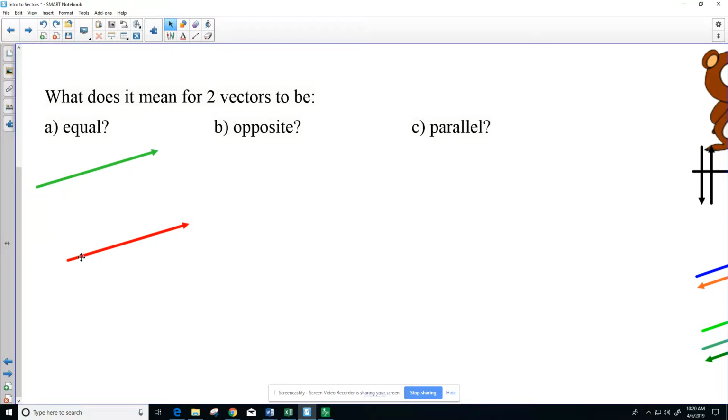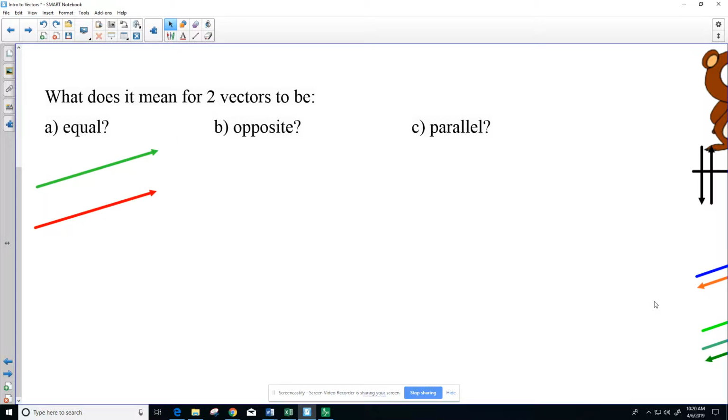Okay? So this vector here is also equal to the green vector, and this vector here is equal to the green vector, and that vector there is equal to the green vector. Why? Because it has the same length and points in the same direction. Okay, so that is one of the most important things to take out of this, is that the placement of the vector is of no importance. It's all about magnitude, length, and direction where it's pointing.